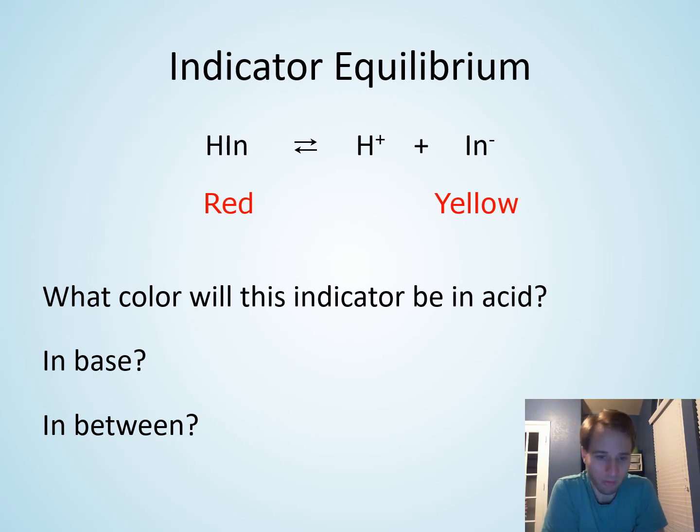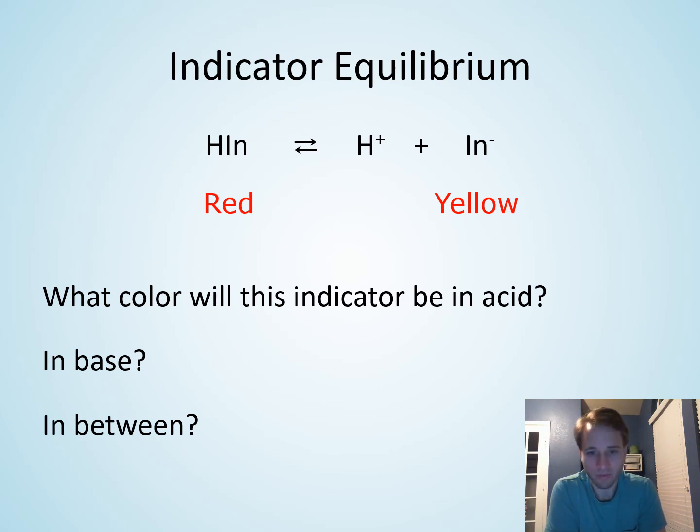So how you work these things in the lab is, again, often you use some type of indicator to let you know when you've reached equivalence point. Let's say I have this indigo type indicator, where the reactant is a red color and the product is a yellow color.